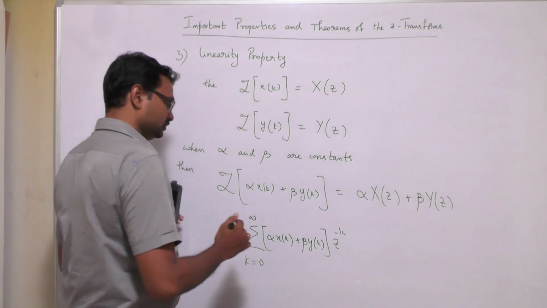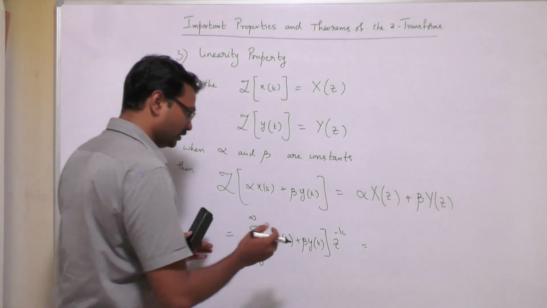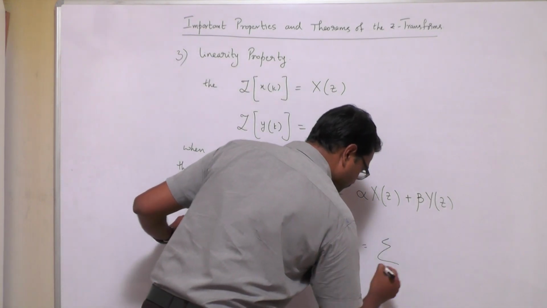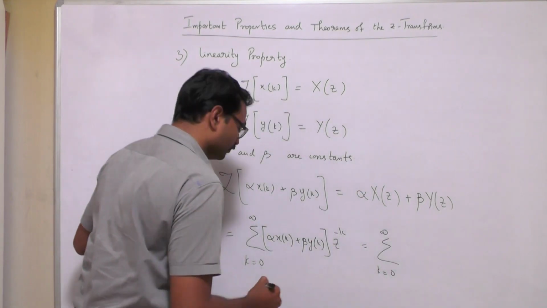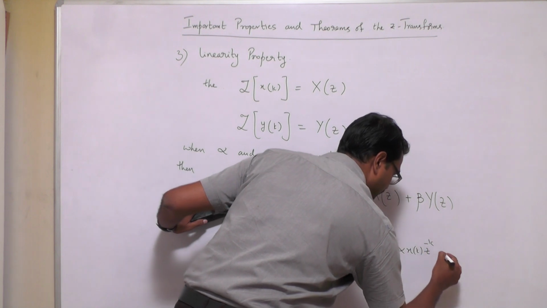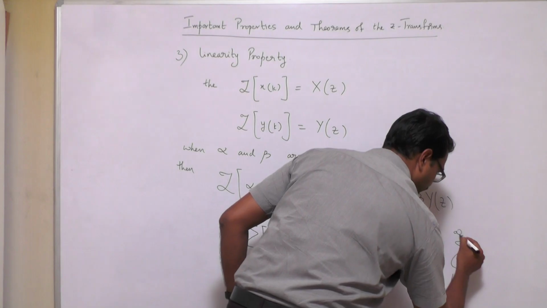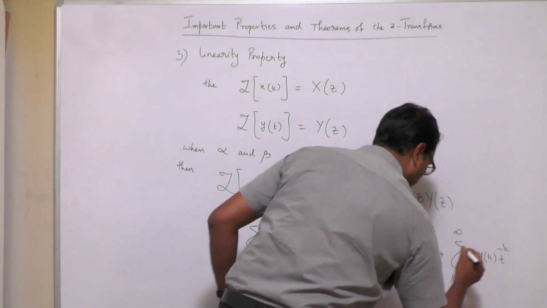Now if you separate these two factors and multiply with z power minus k, and use the summation, we get sigma k is 0 to infinity alpha x of k z power minus k plus sigma k is from 0 to infinity beta y of k z power minus k.